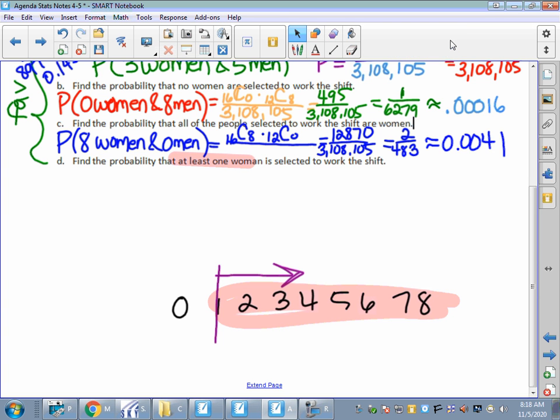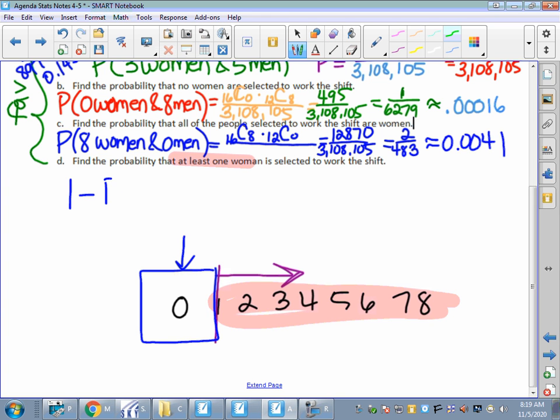If I could find the probability of this side, I could subtract that from 1, and it would give me the whole highlighted part. So this is where that at least 1, if you can picture it, does help out. So at least 1, we could just find out 1 minus the probability of 0 women. I keep spelling it wrong. And then I would have myself an answer.